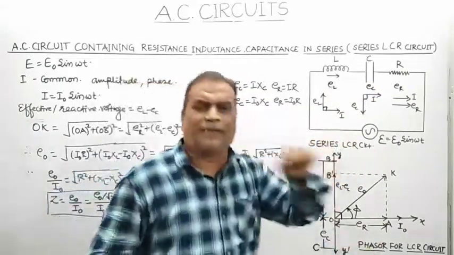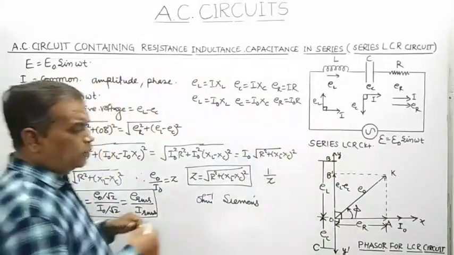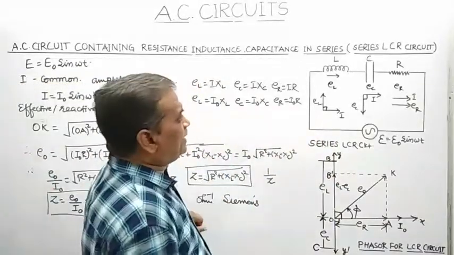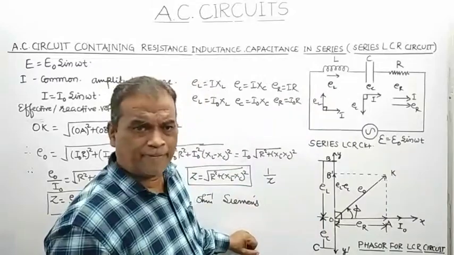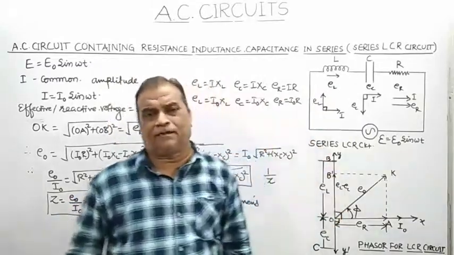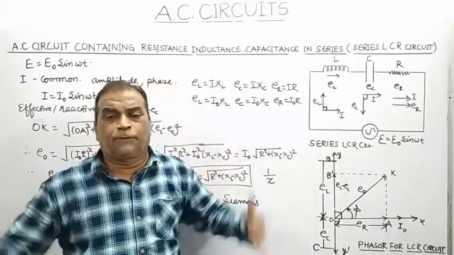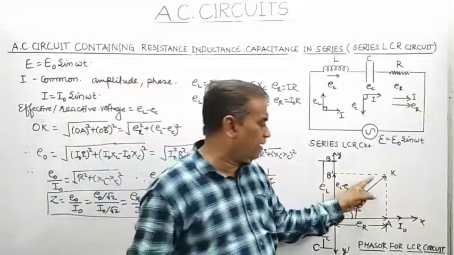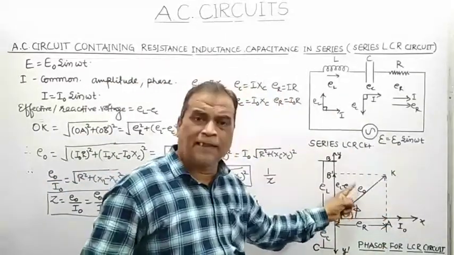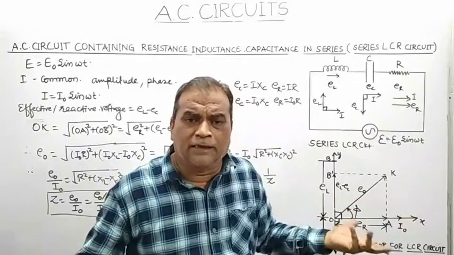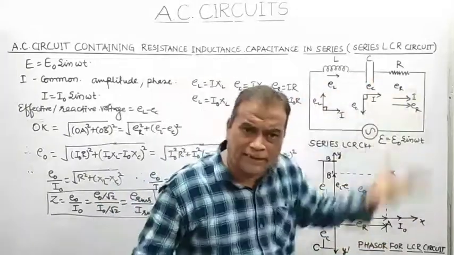So as far as this phasor diagram is concerned, in the series LCR circuit, phi represents the phase angle by which EMF leads the current. See here, E0 is the EMF across the series LCR circuit.